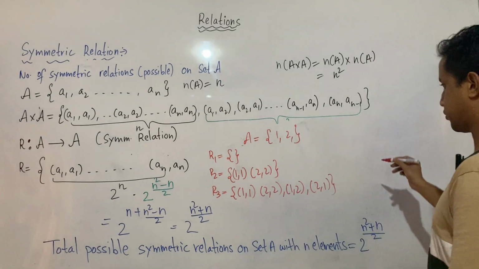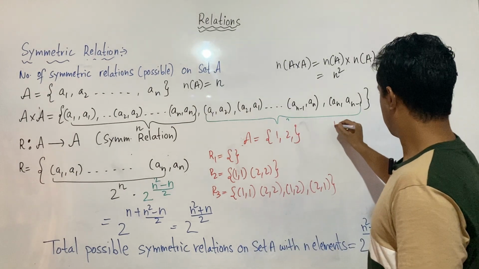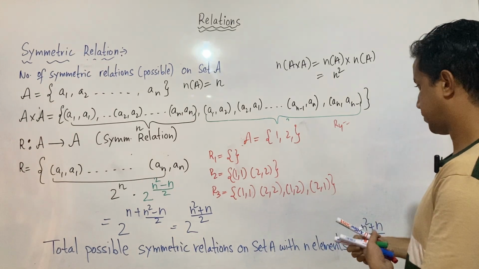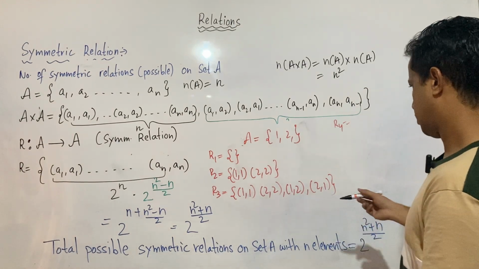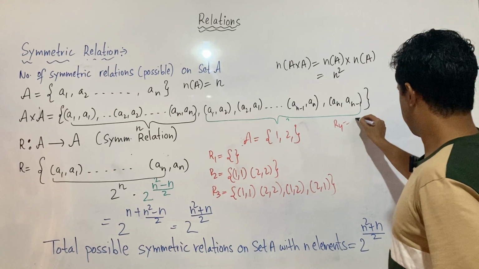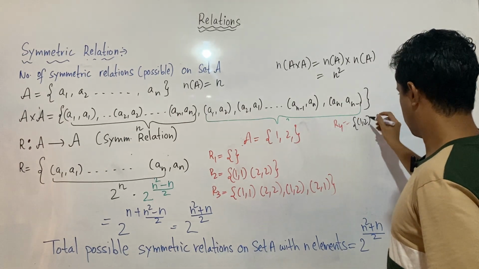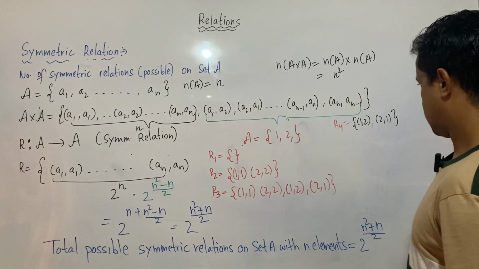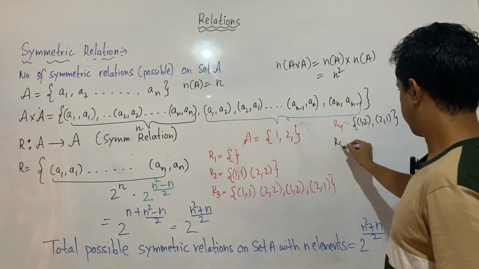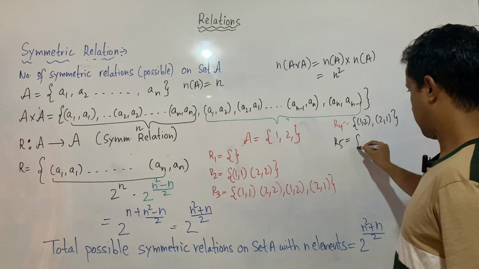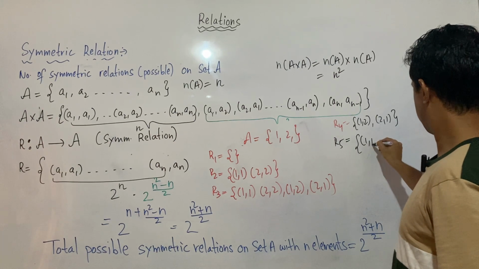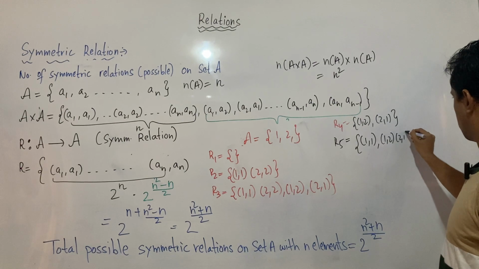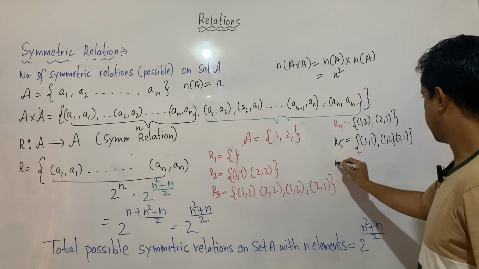R4, what could it be? R4 could be (1,2), (2,1), right? And R5 could be (1,1), (1,2), (2,1), right?